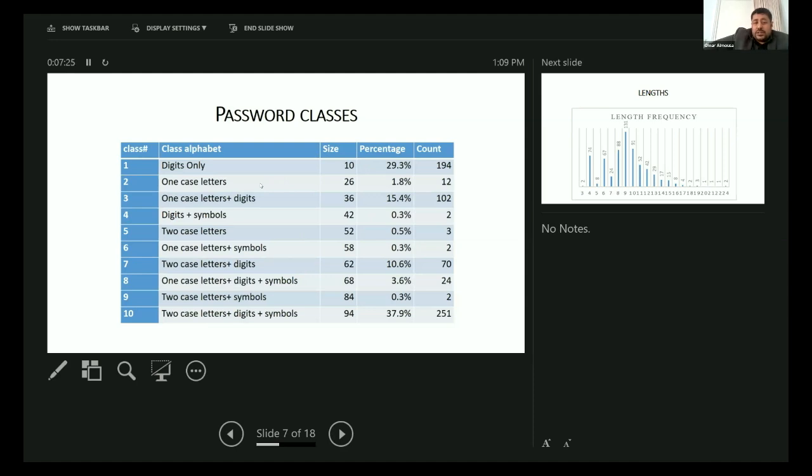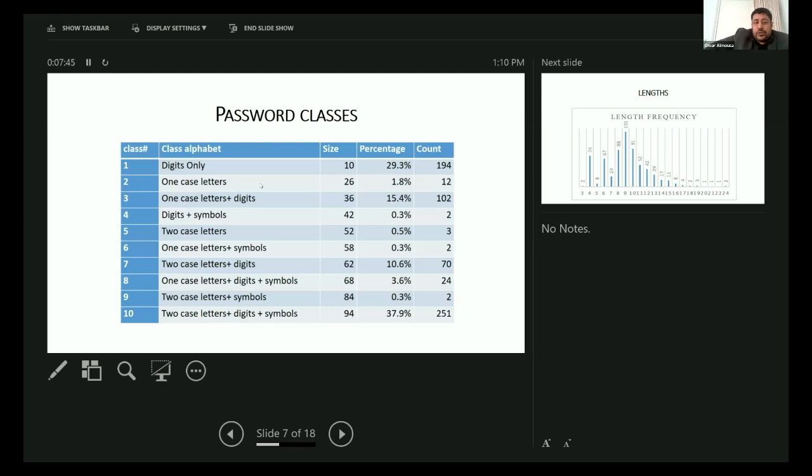One-case letters, either capital or small but not both, with digits: the alphabet is of size 36, 26 for letters plus 10 for digits. Those were 15%.